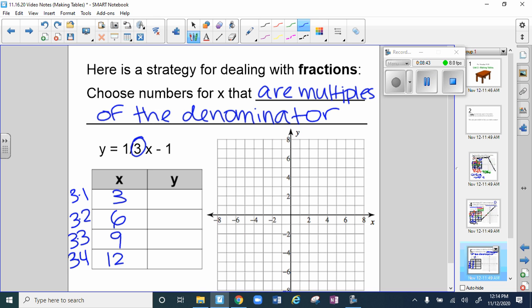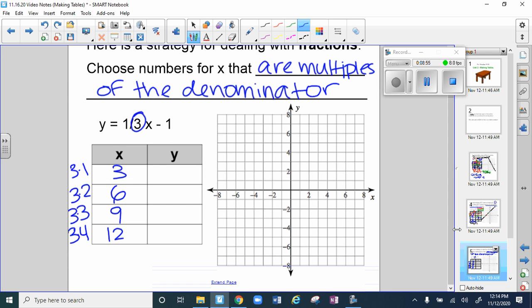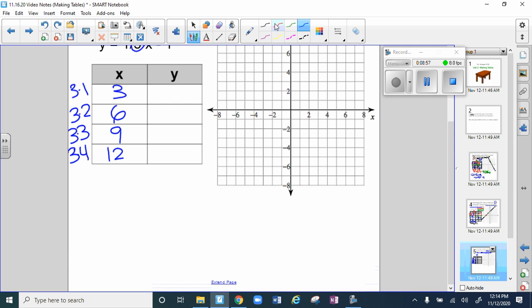But this is a strategy for dealing with fractions, because now when I plug in those values for x, I'll have nice numbers, I'll have integers to deal with rather than fractions. So if I plug in 3, I have y equals 1/3 times 3, and then I'll subtract my 1. 1/3 times 3 is equal to 1.